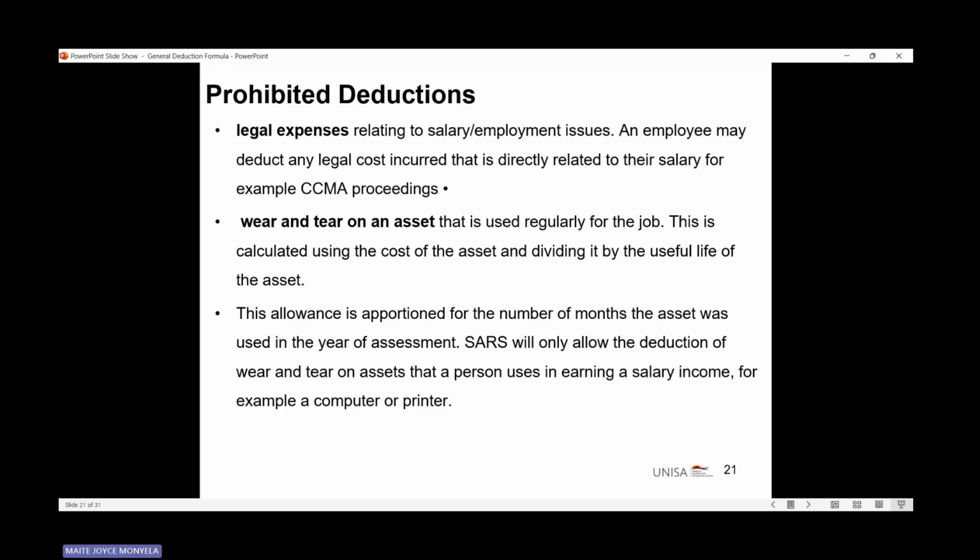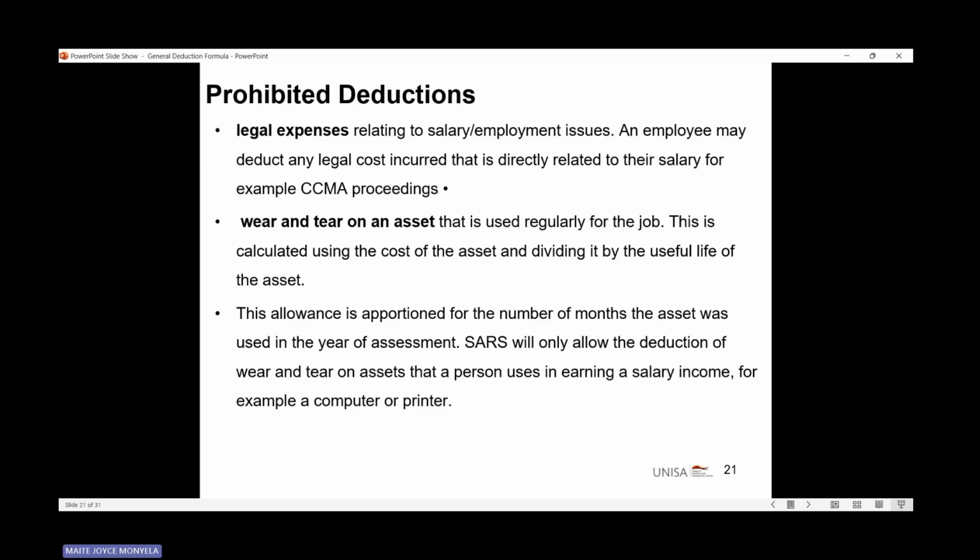The wear and tear on an asset that is used regularly for the job is used in the production of income. This will be calculated using the cost of the asset divided by the useful life of the asset. So you have the cost, you divide it by the useful life, you get the wear and tear, and the wear and tear will be deductible. The allowance is a portion for the number of months the asset was used in the year of assessment.